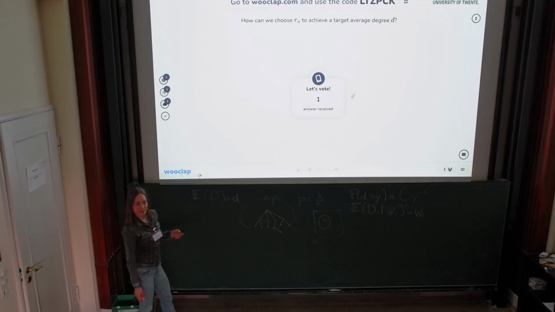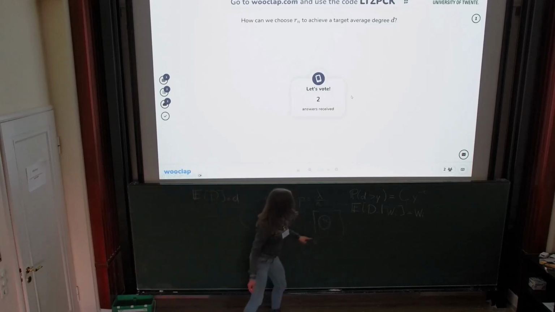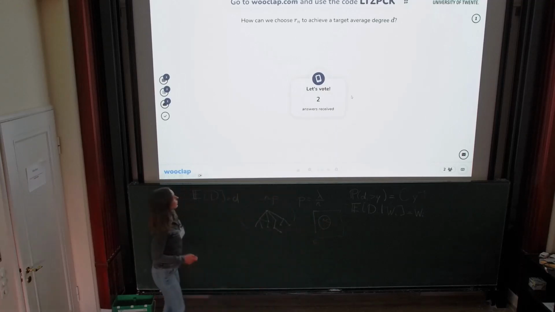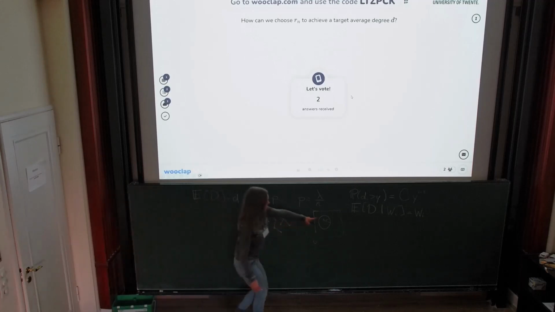What was the problem again? So the question is, we have this geometric graph, we have the 0, 1 square, n points chosen uniformly at random, and you connect to everything within radius r. How can we choose this r so that the average degree for any vertex is d? And the vertices outside the circle are disconnected. Yes, so inside the circle you create a complete graph, right? Not necessarily, because if this vertex is connected close to this... Yes, within it should be a complete graph.